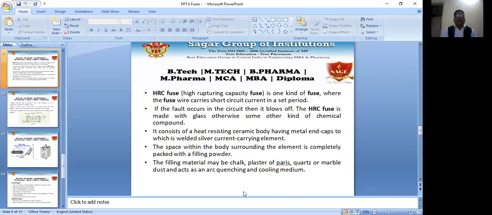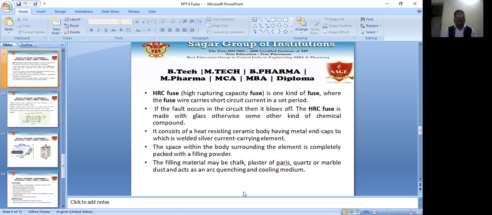HRC fuse, high rupturing capacity fuse, is one kind of fuse where the fuse wire carries short circuit current for a set period. If a fault occurs in the circuit, then the HRC fuse blows off.